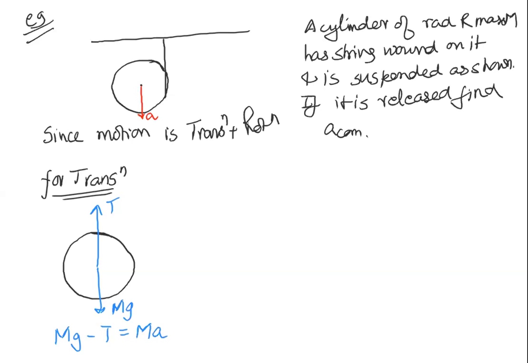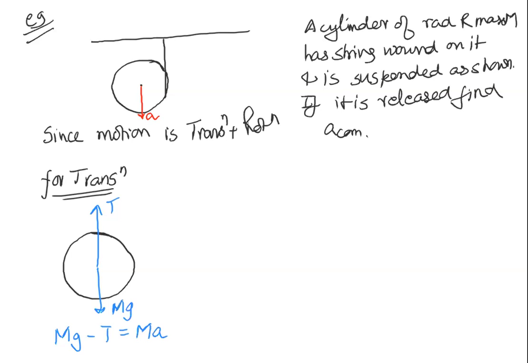That is why I wrote this equation: mg minus T is equal to m a. If I assume a upward, then I'll have to write the equation T minus mg is equal to m a.